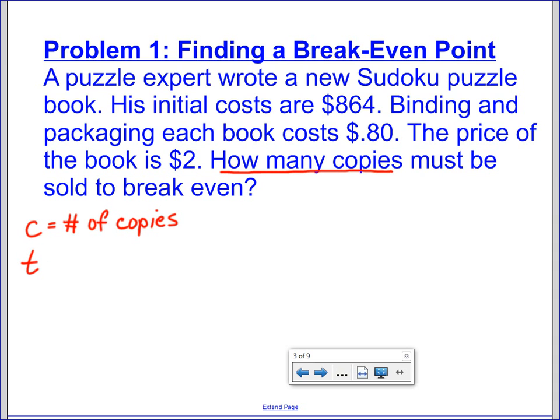What is the total when expenses are the same as income? So we'll just put T for the total. All right, so let's write one equation for the total expenses, and we'll write one equation for the total income.